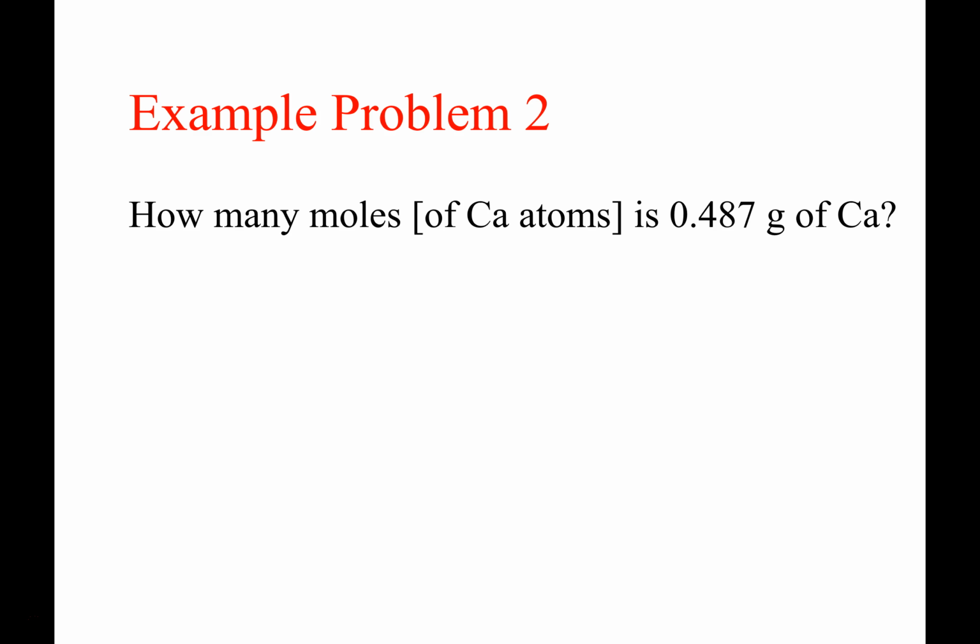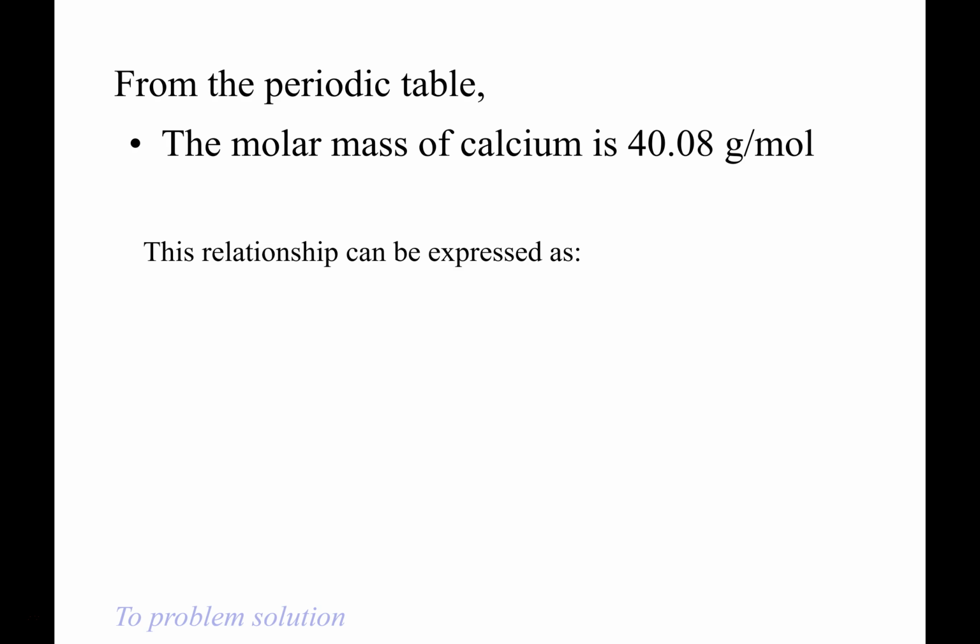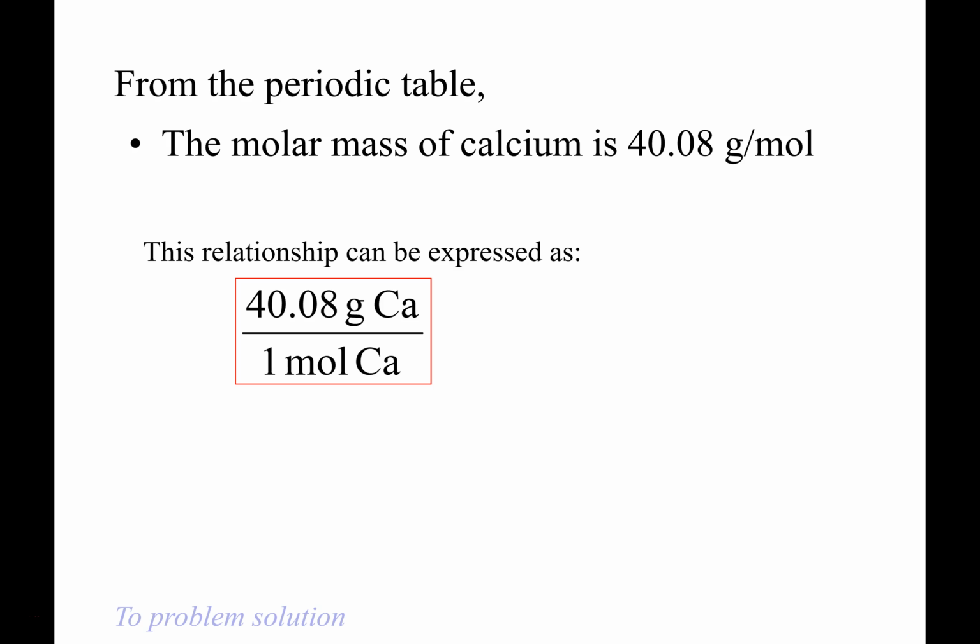When working these sort of problems, I really encourage you to jot down in the margin before you work the problem. I guess you wouldn't have to, maybe, but on my answer key I do, especially early on. I go to the periodic table, I find the decimal number for calcium. It happens to be 40.08, and I'm after grams per mole. But I need to unpack that. G/MOL does not work in working chemistry problems.